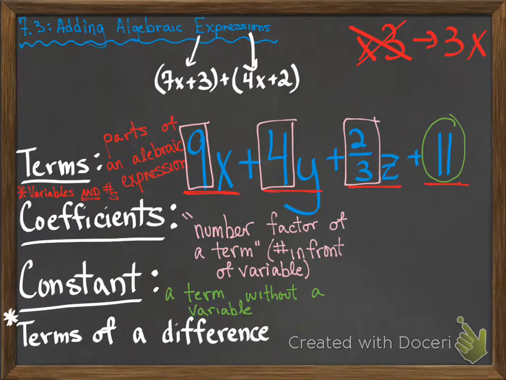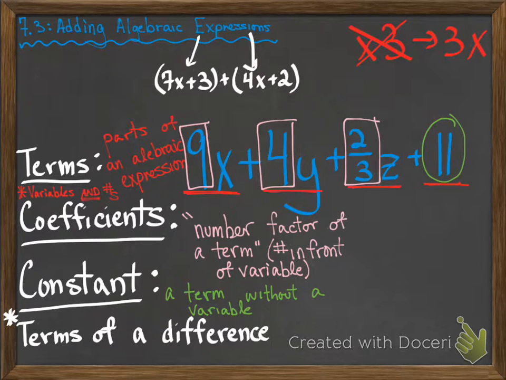So it's constantly a part of the equation. It doesn't change. It is constant. No matter what all those variables equal, you're always going to add 11 to the end. Okay, in this case, your constant might be 100 or any other number. All right, so number of terms, number of parts, coefficients, numbers in front of variables, constant, terms without a variable.